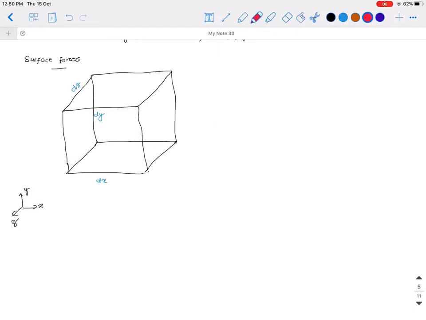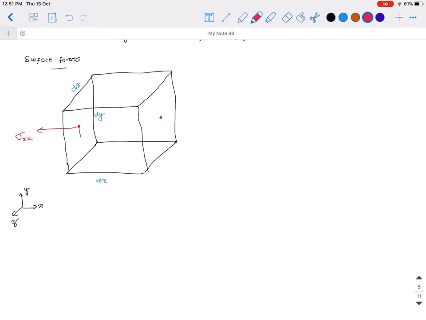Okay, so let us consider the left face. Okay, the effect of the surrounding can be a tensile force. Okay, let's denote that as sigma xx.